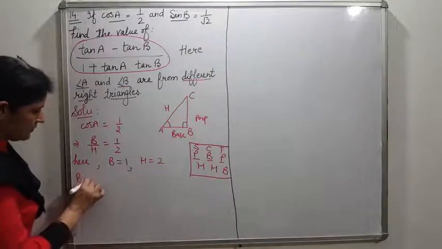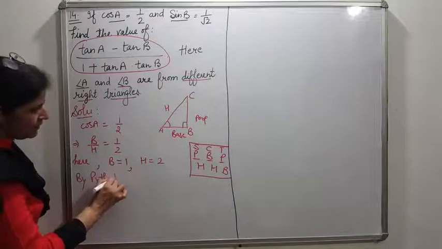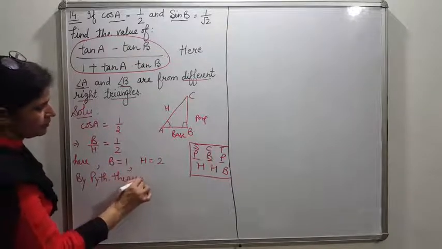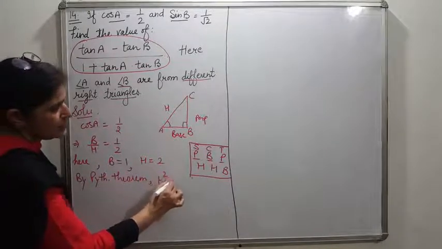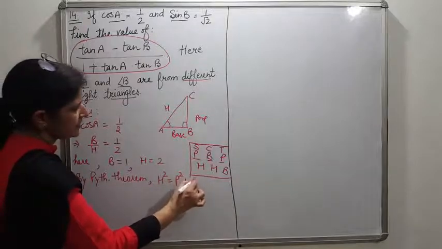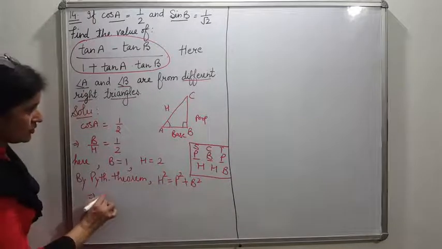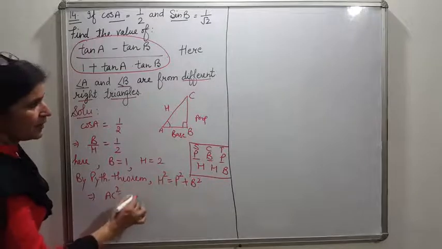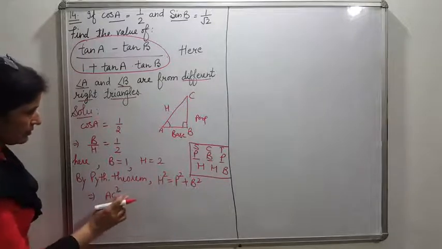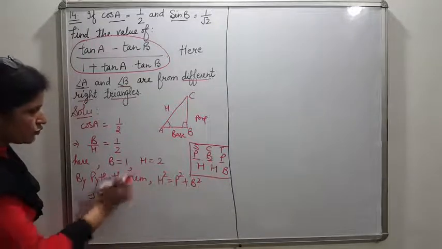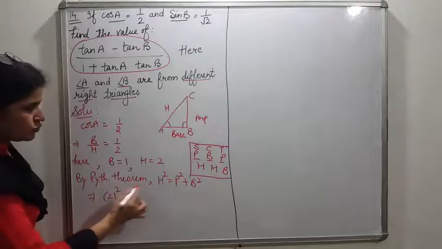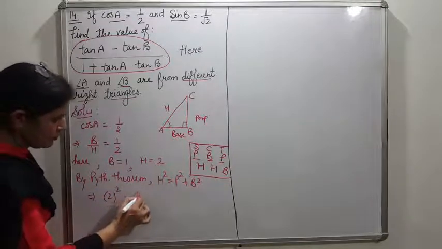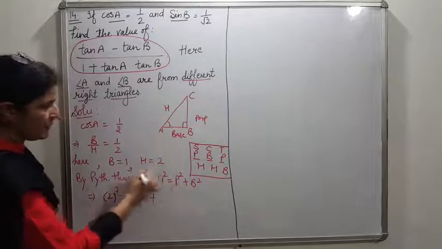By Pythagoras theorem, h square equals p square plus b square. So what is h? AC you have to find. h is given 2. Hypotenuse is 2. Perpendicular BC you have to find and base is 1.